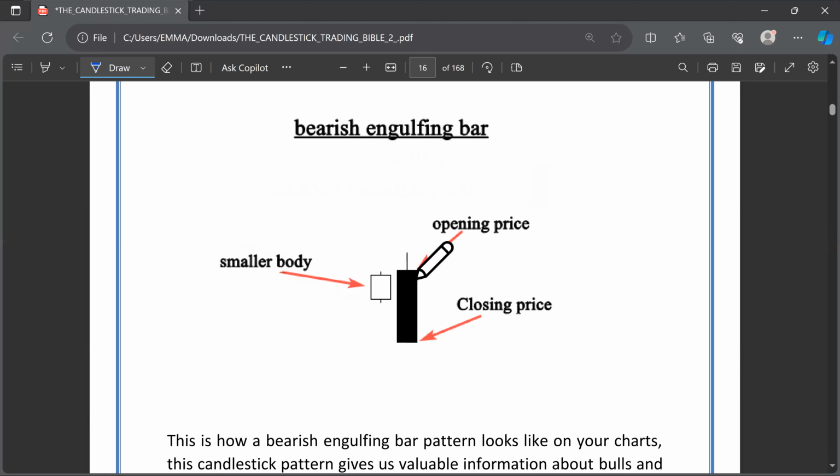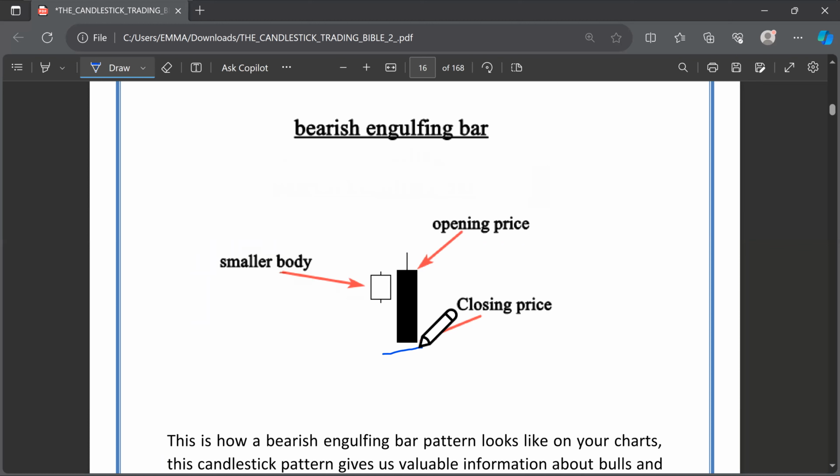Usually we represent the second candlestick as the bearish one, hence the name bearish engulfing. So the second candlestick is a bearish candlestick, and the first one is usually the bullish candlestick.